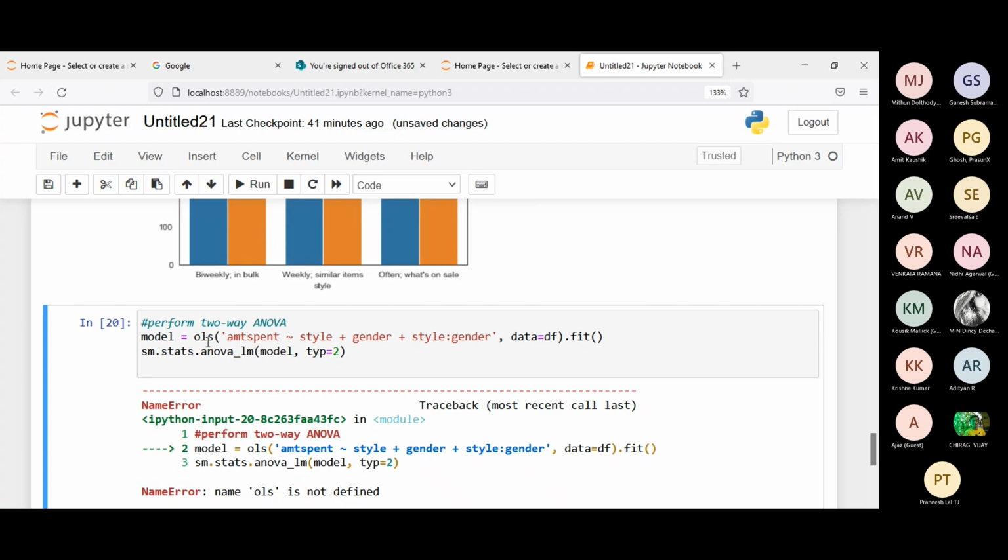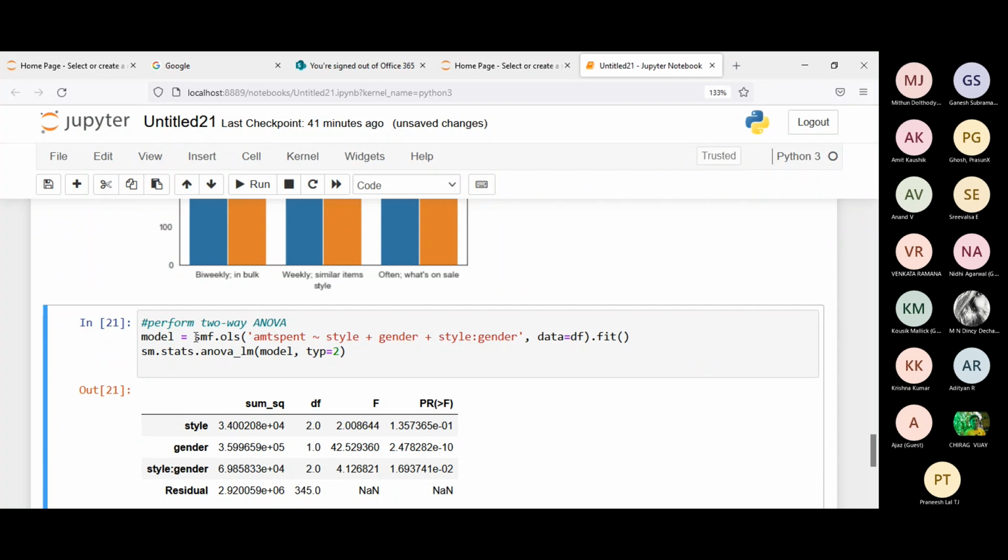So please observe this. This is amount of money spent, correct? Do you see this?